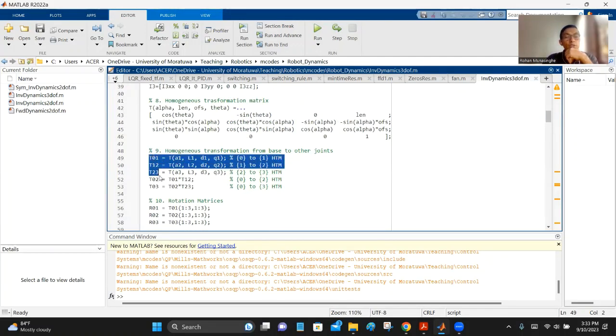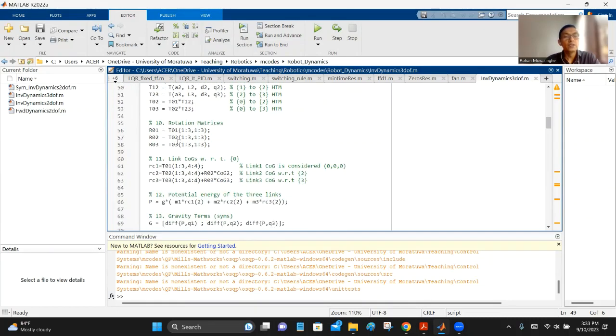So there are 3 homogeneous transformation matrices, T 0-1, 1-2, 2-3. And then you have from 0 to 2 and 0 to 3 as well, because from the base coordinate frame, you want to calculate the second link and third link. So these transformations are there. Rotation matrices you also need to use in your dynamic model.